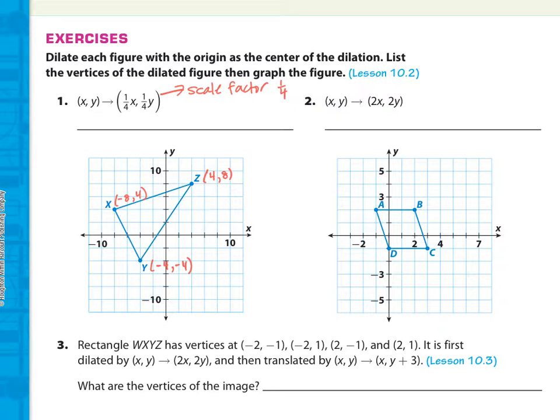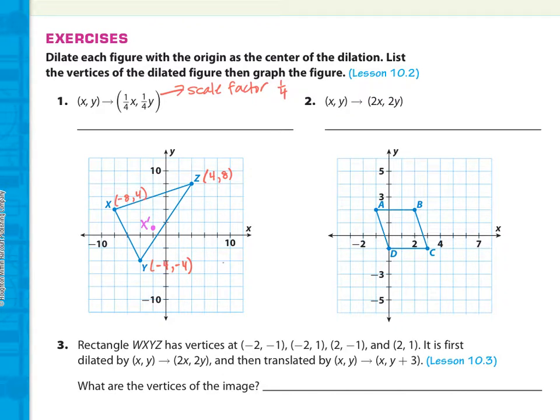So when we do that, let's go in alphabetical order here. So if we do point x, divide by 4, right? So we're going to get -2 and 1. So if I get -2 and 1, it ends up right here. Remember, this goes by 2, so I have to go halfway in between. There's my x prime.